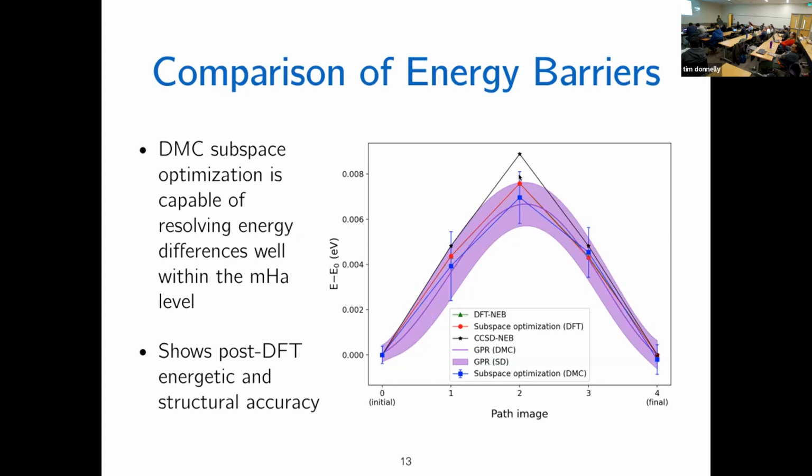DFT using subspace optimization, surrogate Hessian and NEB overlap exactly in terms of the energies. That is also great, which speaks to the fact that this is more an energy optimization than anything else. It's not optimizing the path, it's optimizing the energies, and you can get slightly different paths that correspond to the same one-dimensional manifold that connects two equilibrium states.